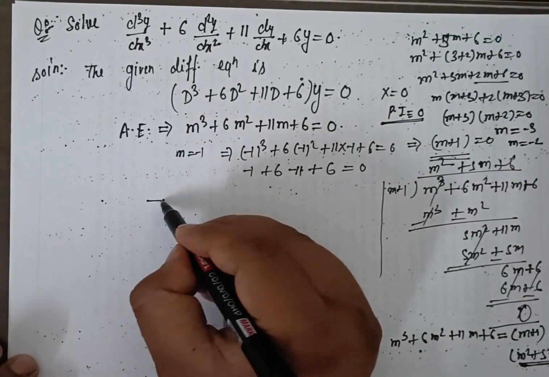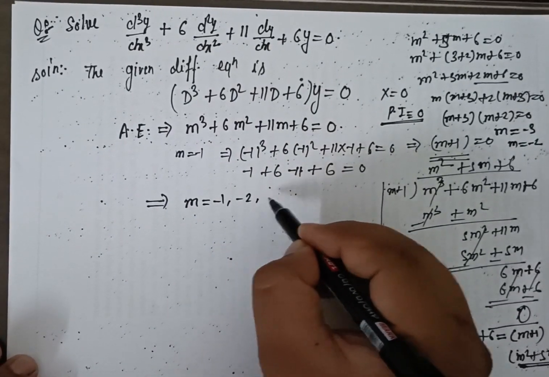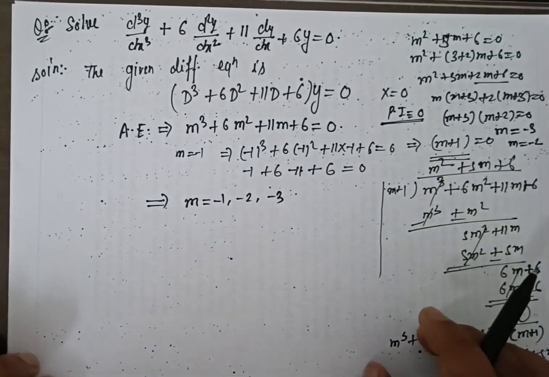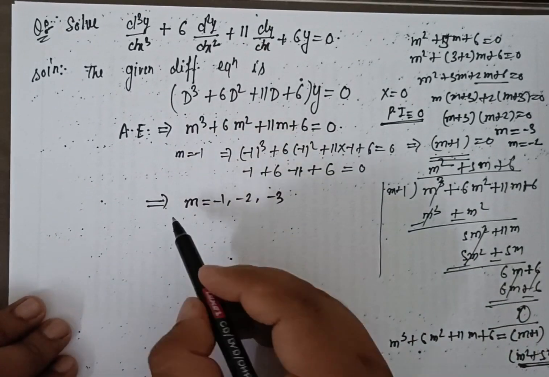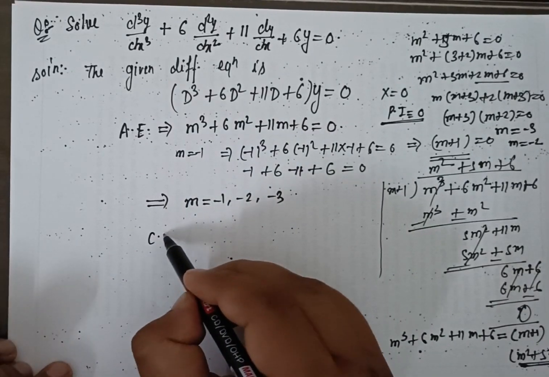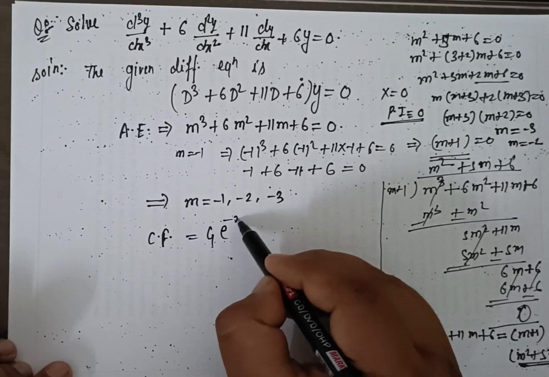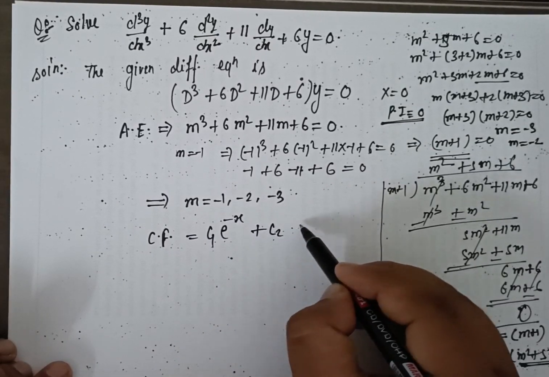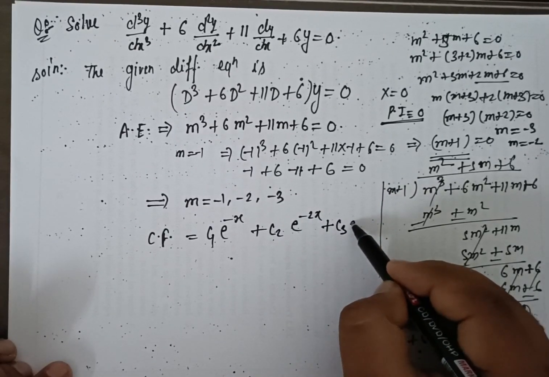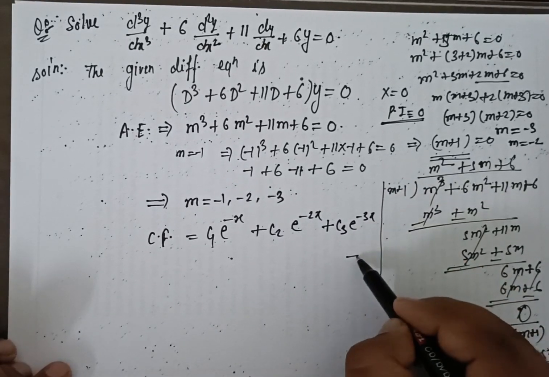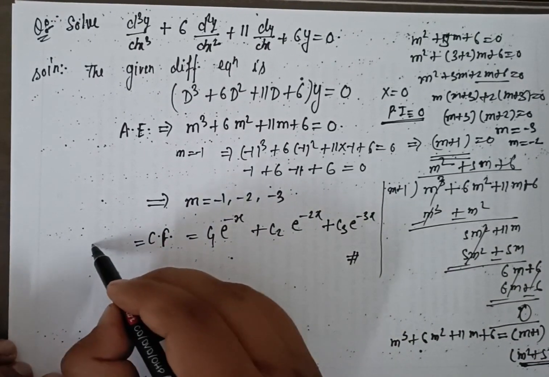So we have the roots as m equals to minus 1, minus 2 and minus 3. Obviously all these three roots are unequal and real. Therefore the complementary function will be c1 e to the power minus x plus c2 e to the power minus 2x plus c3 e to the power minus 3x, which is the required answer, and which will be treated as the general solution also.